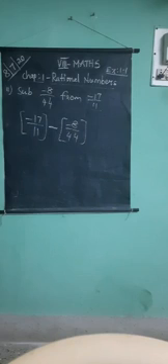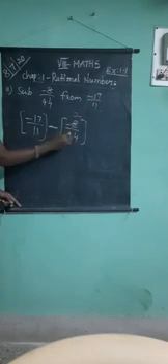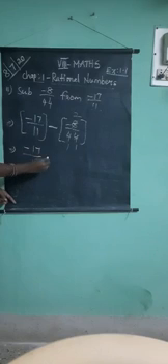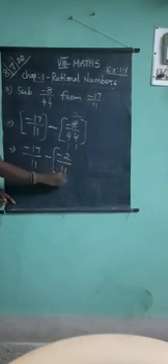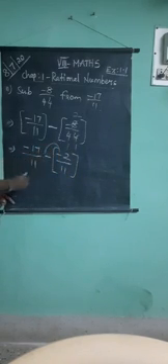So 8 and 44 come in the same table. Which table? Fourth table. 2 4s are 8, 11 4s are 44. So how to change this one? Minus 17 by 11 minus, minus 2 by 11. Minus and minus becomes plus.